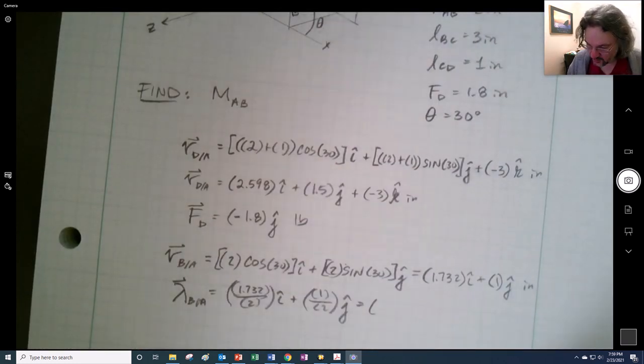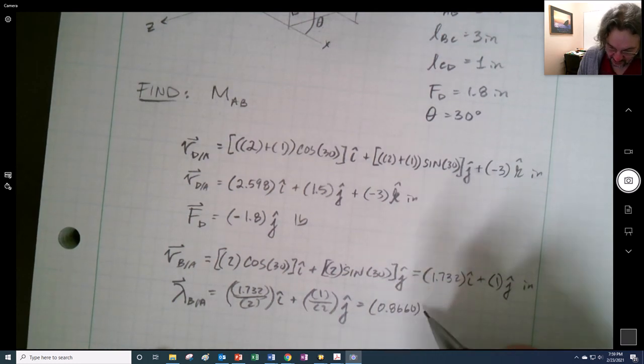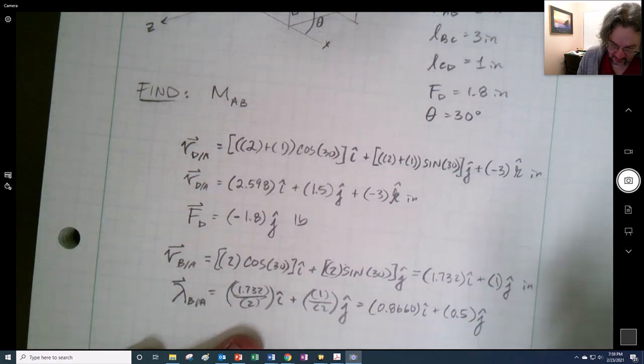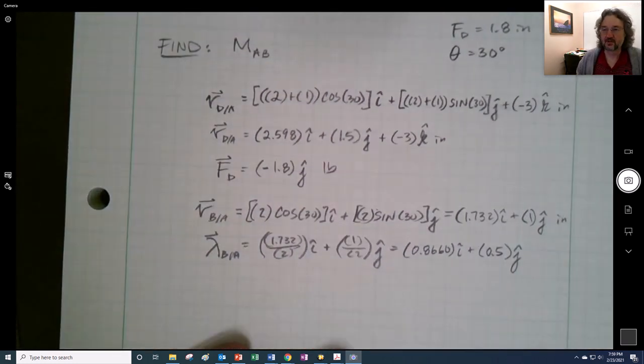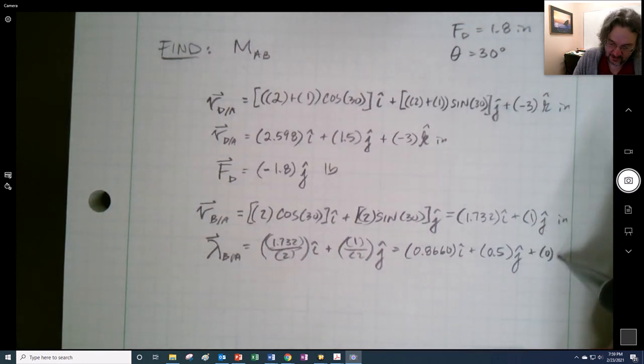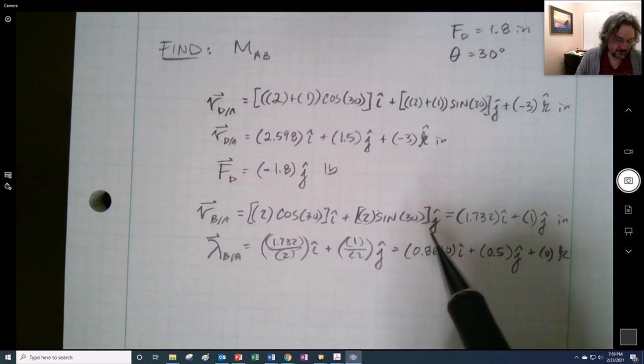So that's just the cosine of this angle right here, cosine of 30. And this right here is just going to be the sine of 30. But I thought we would go through it. And by the way, plus 0k. Nothing in the k direction on there.